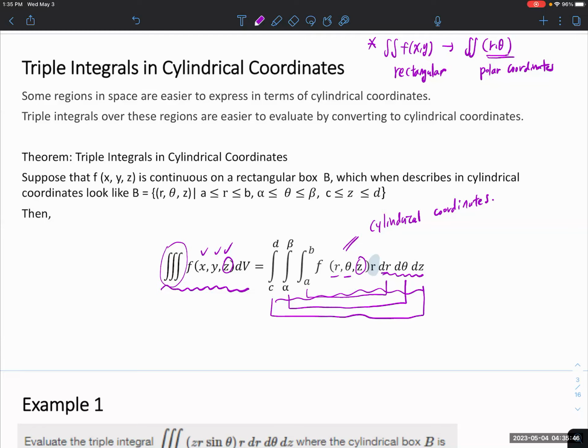So we are doing the same thing that we did a long time ago: converting from rectangular to polar in a double integral. Here we are going to convert from rectangular in three variables into cylindrical coordinates, converting to r, theta, and z. Okay, so that's what we call triple integrals in cylindrical coordinates.